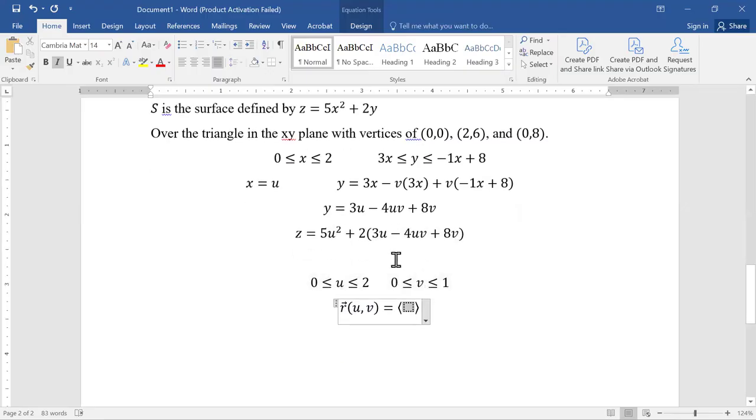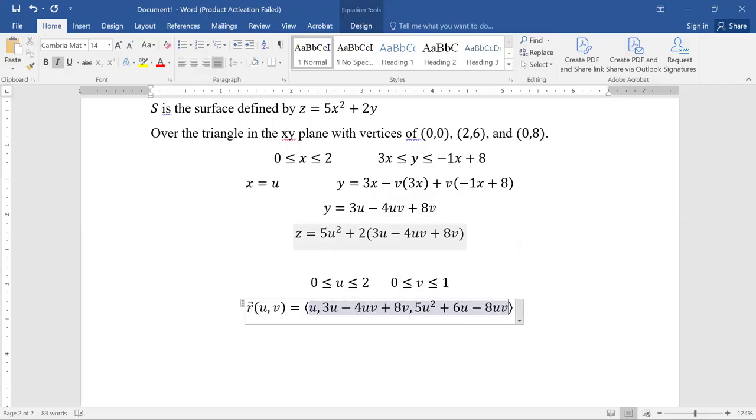So the vector valued function I want is going to have x component, which is equal to u. It's going to have y component, which is this 3u minus 4uv plus 8v. And it's going to have z component, which is 5u squared plus 6u minus 8uv plus 16v.